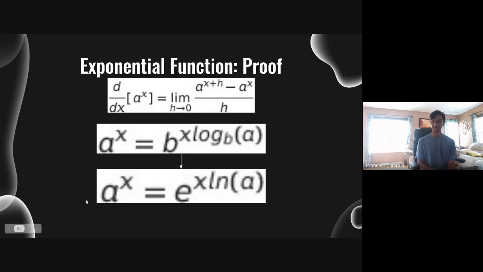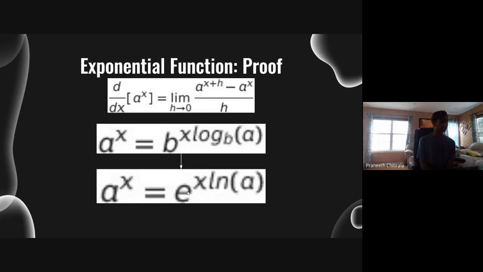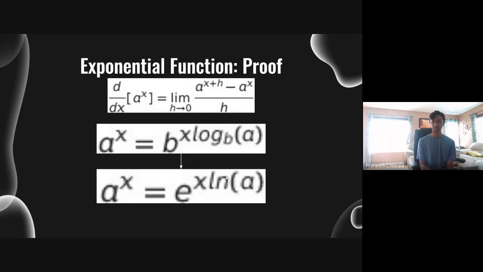This simplifies, if you set b equal to e, Euler's constant, so that a to the x is equal to e to the x times natural log of a. And recall that log base e is just the natural log.